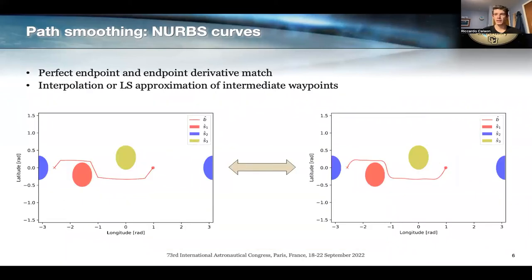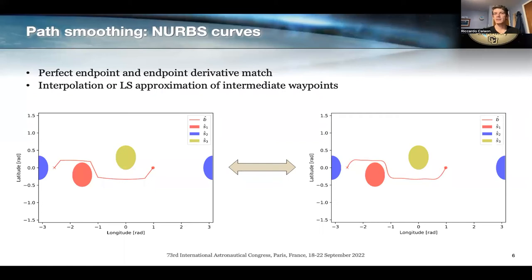And this is a quick example of what I was just describing. Here in the figure on the left, we see the trajectory of the boresight of the sensitive payload of the spacecraft in inertial space, when the reference is given just in terms of a discrete series of attitude waypoints.